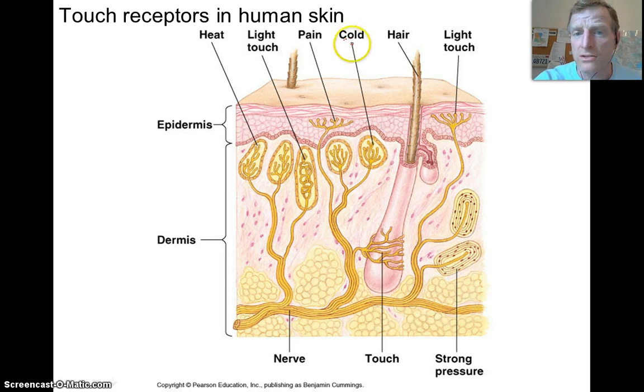Some respond to just cold, some respond to pain, some respond to heat, some respond to light touch, and some of those are also anchored in our hairs. So if you pull on your hairs, it hurts because you have touch receptors and pain receptors in and around those hairs. So our sense of touch isn't just sort of one generic receptor. We have many different specific receptors that are involved in that sense of touch.